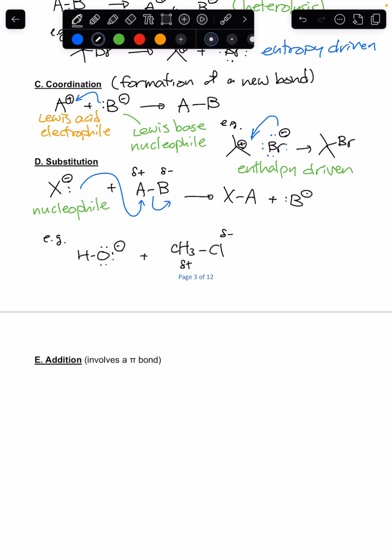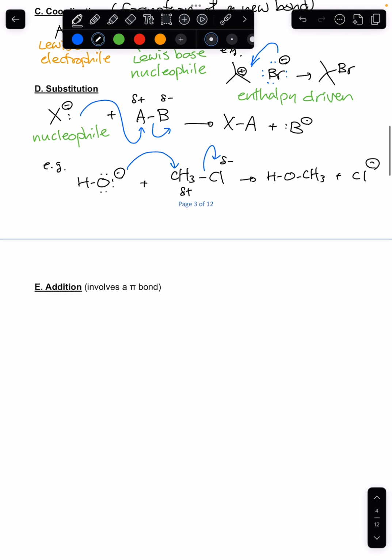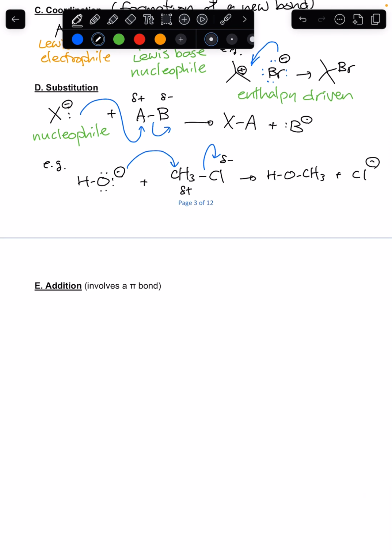That makes this carbon C very electrophilic, and so a substitution reaction is possible where chloride gets kicked off and you can form this methanol alcohol and the chloride anion leaves. Okay, so that's an example of a substitution reaction, and you could see what got substituted, right? Chlorine was substituted by this HO or hydroxide group.